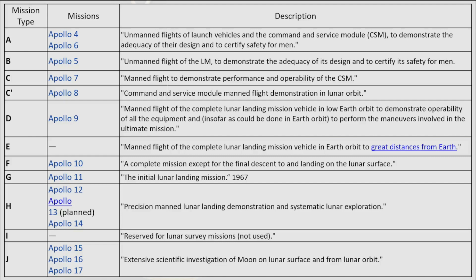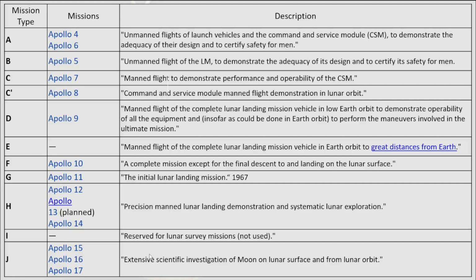So Apollo 12, 13, and 14 were precision manned lunar landing demonstrations and systematic lunar exploration. And 15, 16, and 17 involved extensive scientific investigation of the moon, as I showed you some of the rock samples from Apollo 15 and 16. We collected rock samples to study the geology of the moon, or selenology of the moon.